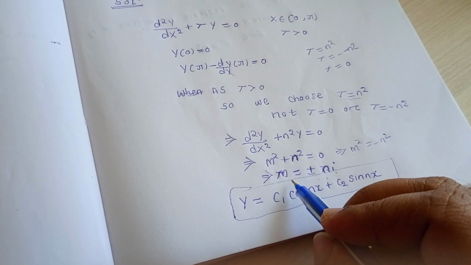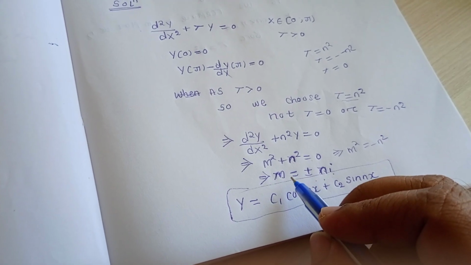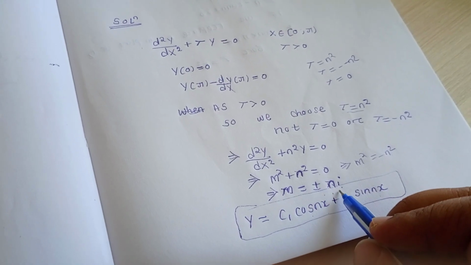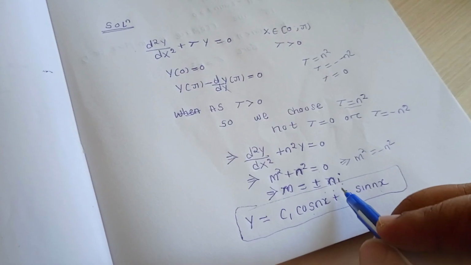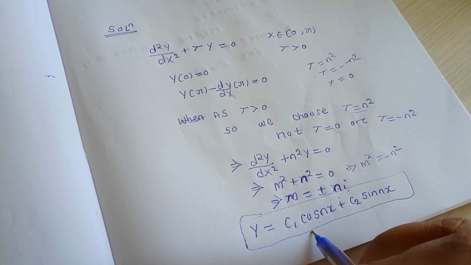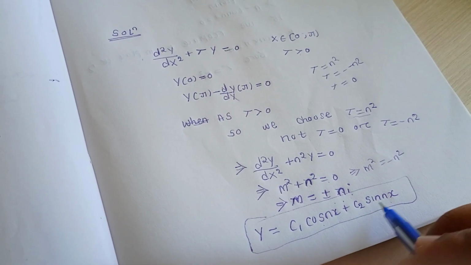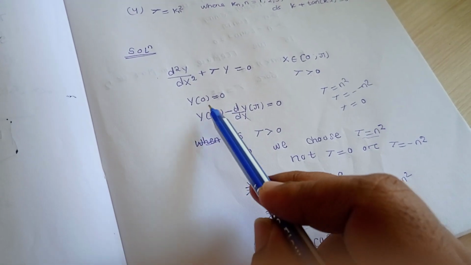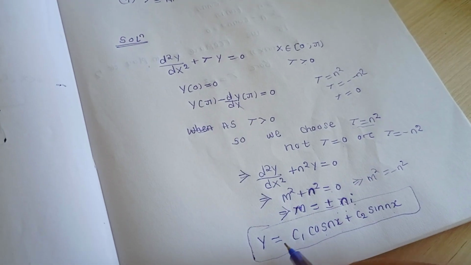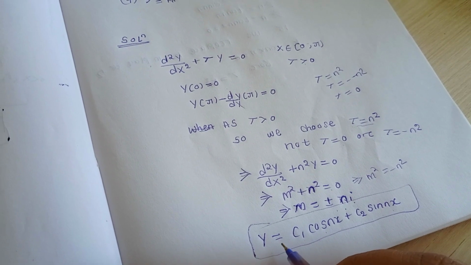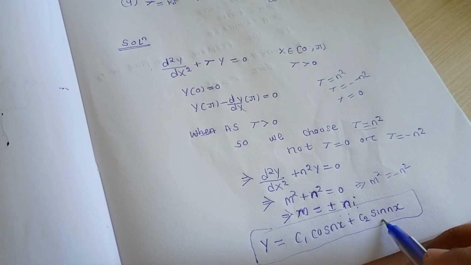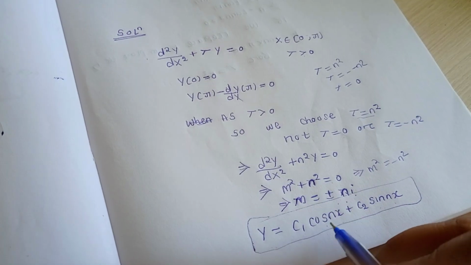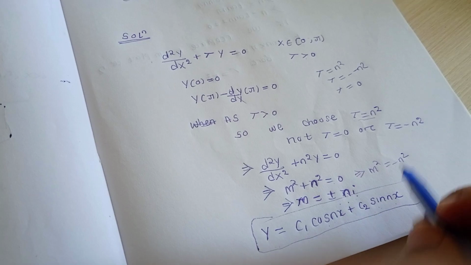As we get the value of m as plus minus ni, which is complex, y equal to c1 cos nx plus c2 sin nx is the solution. Now previously it is given that y of 0 is equal to 0, so here I put x equal to 0 and y equal to 0 in this equation.